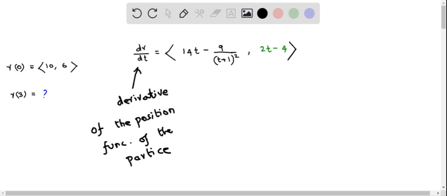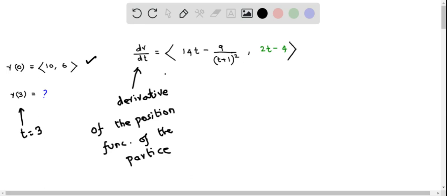And we have to determine the location of the particle when t equals 3, using this initial condition, that is r of 0 is given as 10 comma 6 in vector component form. So let's see how to find the location of the particle at t equal to 3.